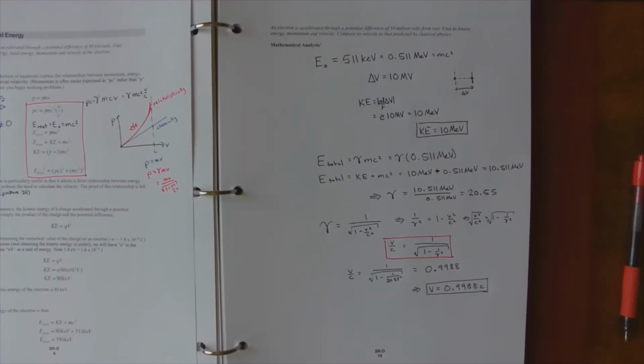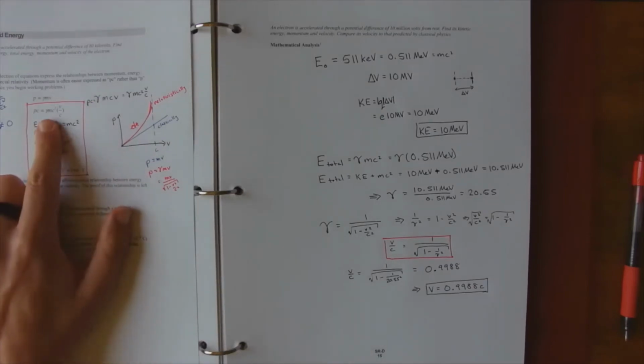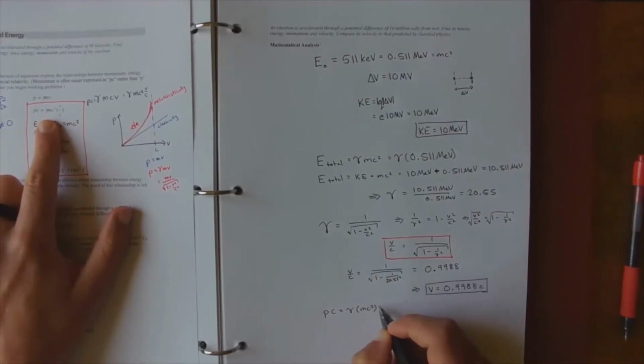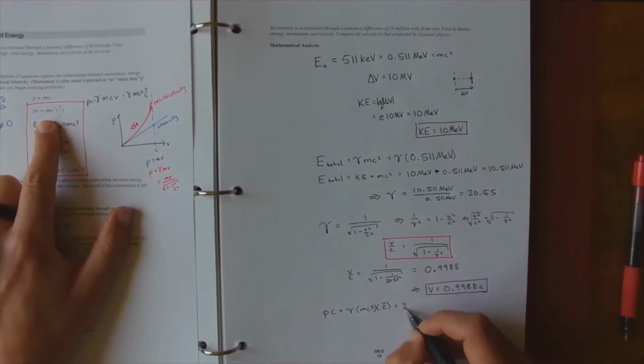Now we have to find the momentum pc. This will be very easy because pc is equal to gamma times mc squared times v over c. We know gamma is 20.55.